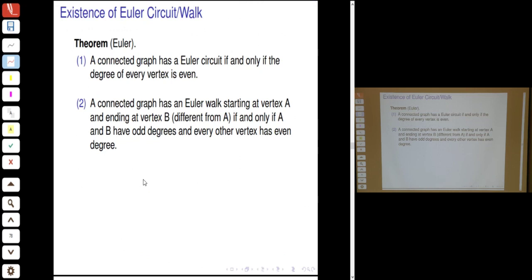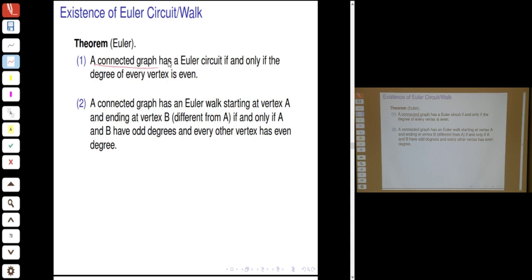So, an Euler circuit does not always exist. What are the conditions for an Euler circuit to exist? It is a theorem that was actually proved by Euler. For an Euler circuit to exist, of course, we are talking about connected graphs.